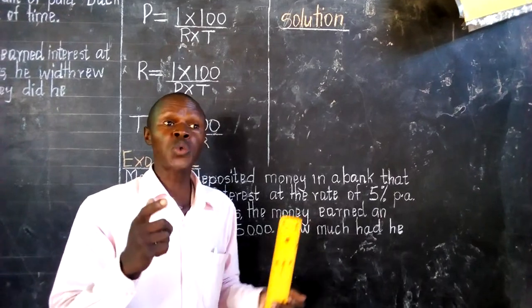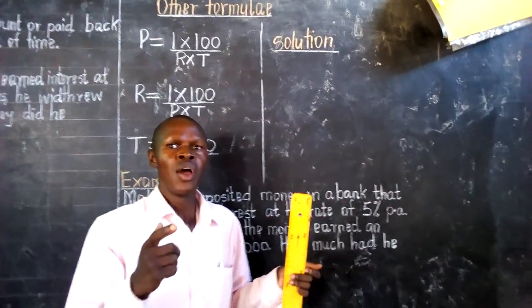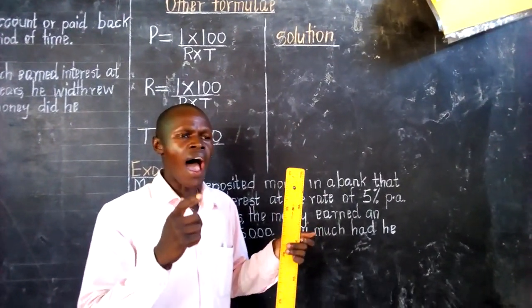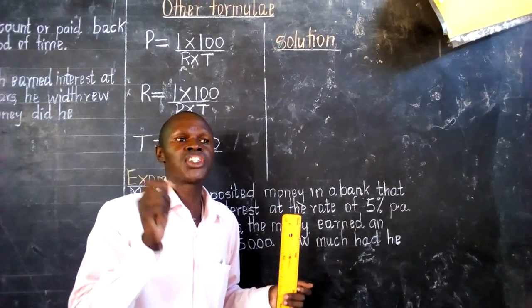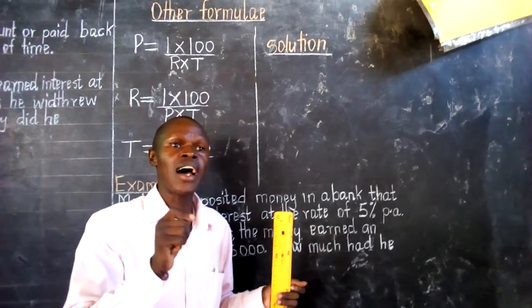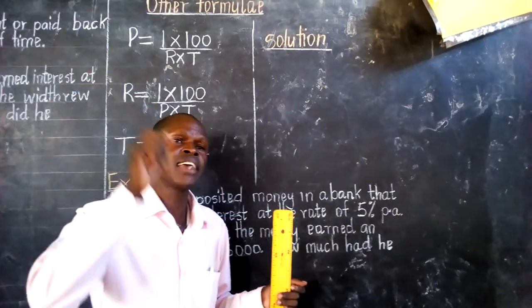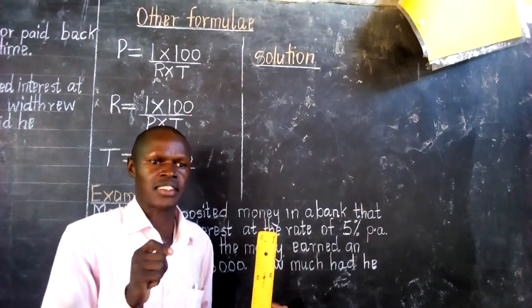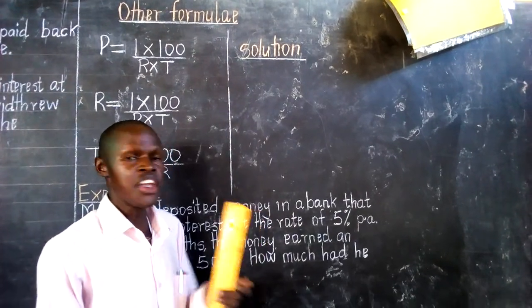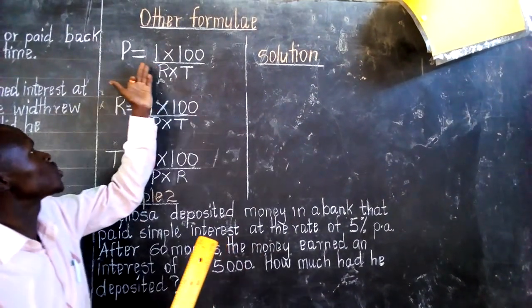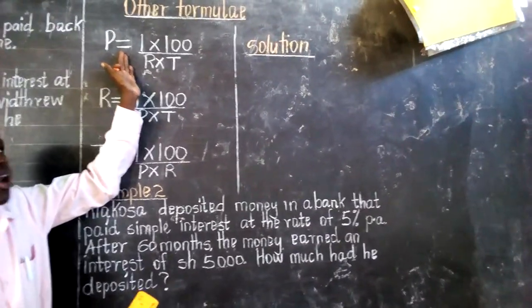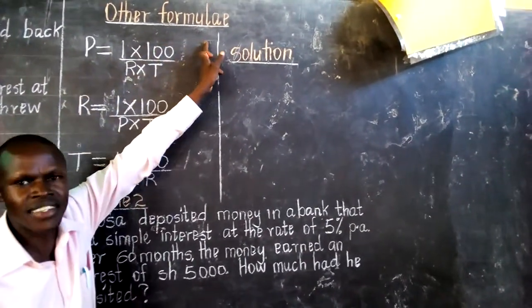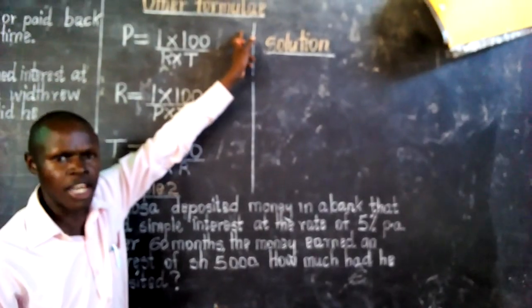You need also to understand that we have other areas of simple interest that you are supposed to master or to understand their formulas. In this case, I would like to go through some of the formulae that are applicable.